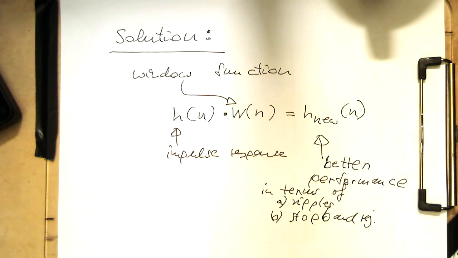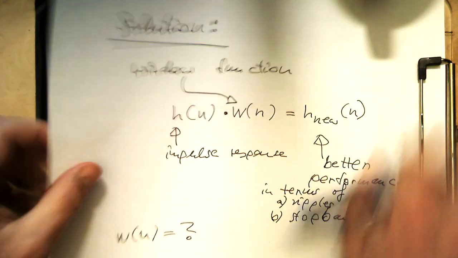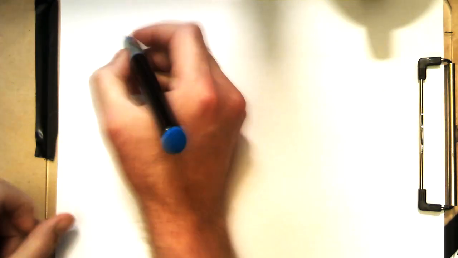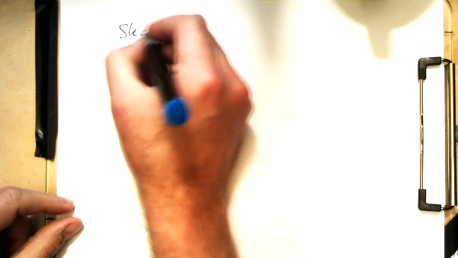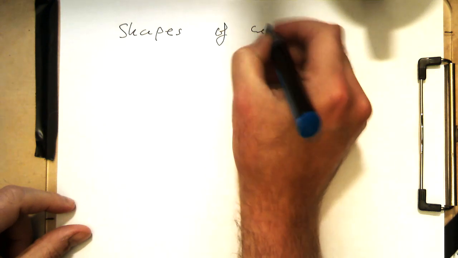So the question is now obviously what kind of w of n could we take here? And what's the idea now of creating this w of n to have a better response of that? So what kind of shapes of window functions?